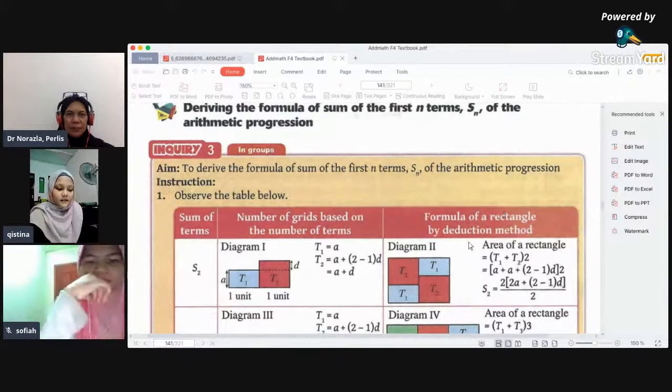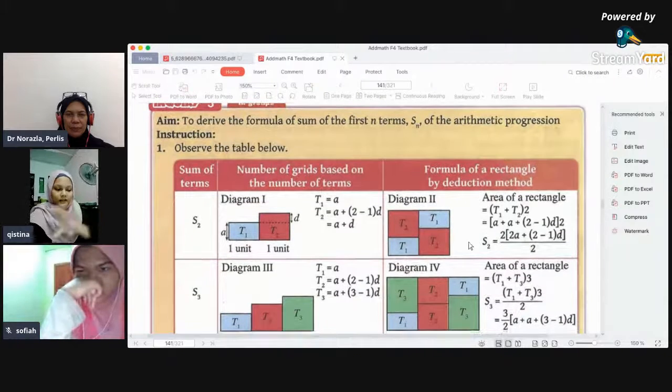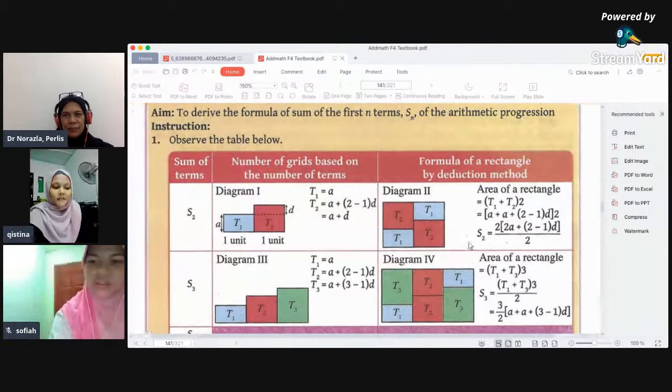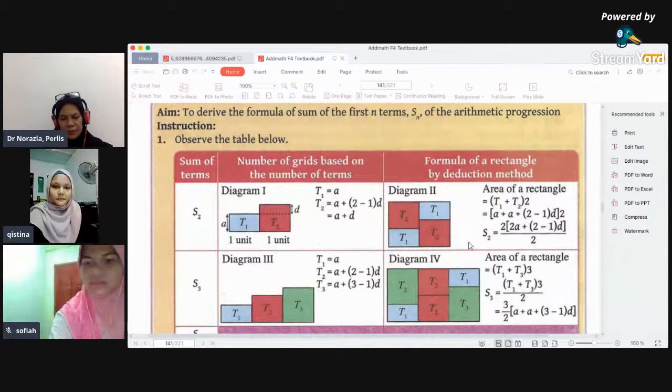We focus on the second column where we are going to calculate the sum of terms S2. Okay, let's take a look at diagram 1. There are two grids, T1 and T2.